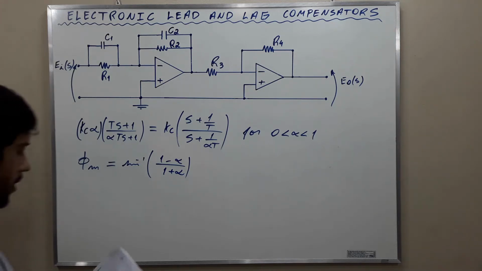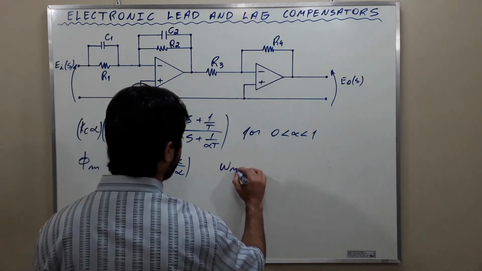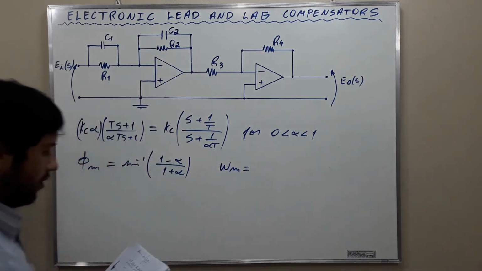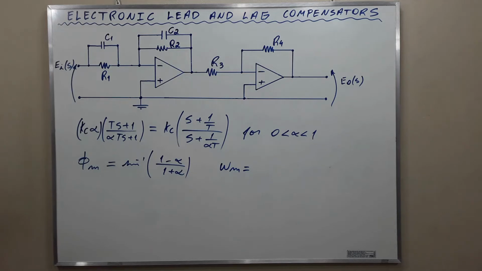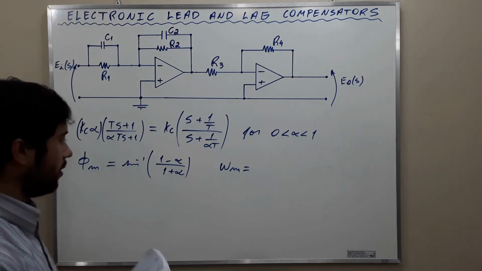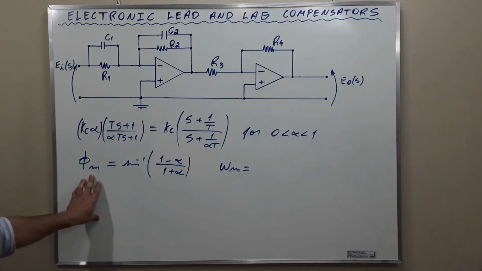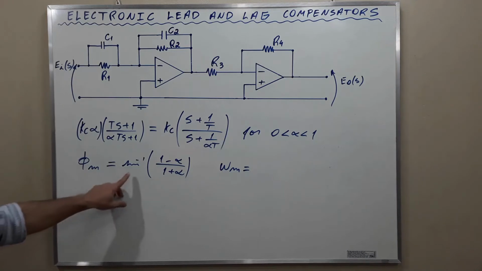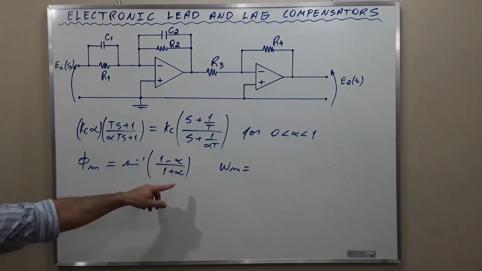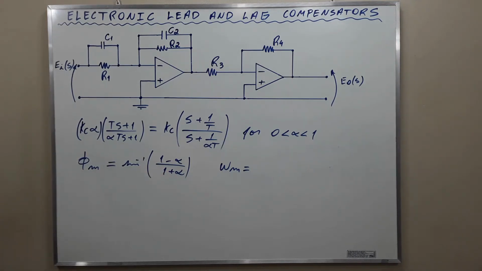And Wm is the frequency at which the maximum phase shift occurs. Okay? We are calculating the maximum phase lead or the maximum phase shift provided by the lead compensator, which is the inverse sine of (1 minus alpha) divided by (1 plus alpha).